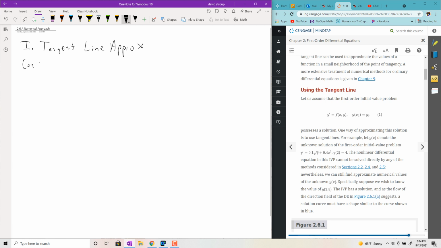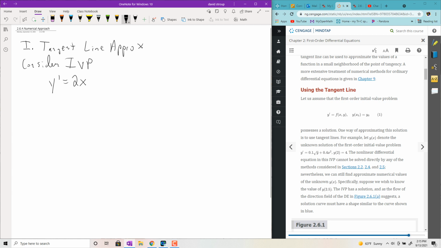So let's consider this initial value problem. Let's consider this IVP. We have, in my case, y prime equals plain old 2x. So it can be a multivariable expression. And you see over here on the right, their expression is a lot more complicated, 0.1 square root y plus 0.4 x squared.